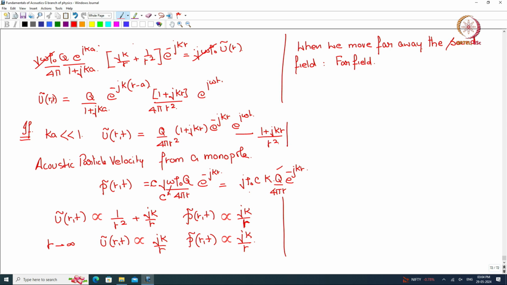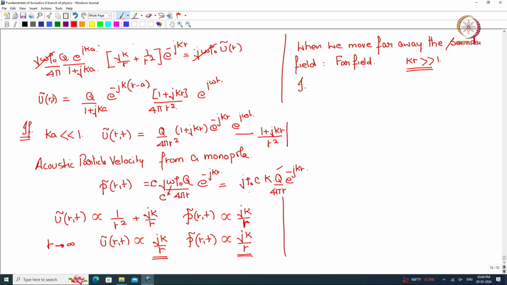Again, there are non-dimensional numbers, so we will typically say k times r is much greater than 1. What is far and what is near is not very clear just by distance, so we again have k times r, or r over lambda. But here let us just say that we go far away from the source r. Then particle velocity is dominantly jk by r, pressure is jk by r.